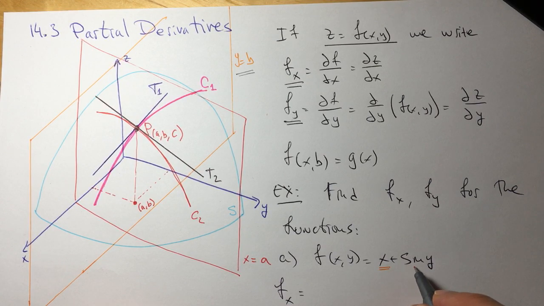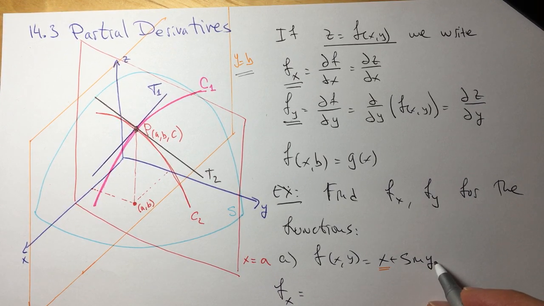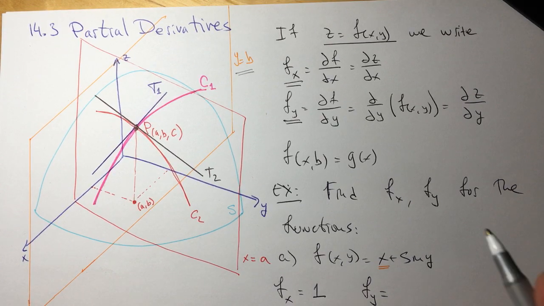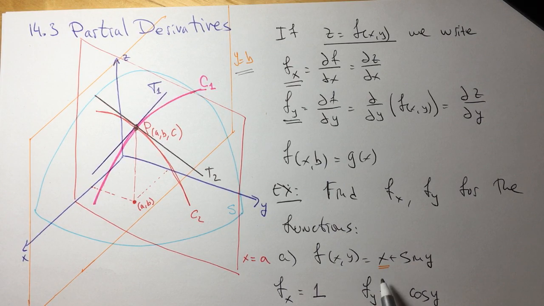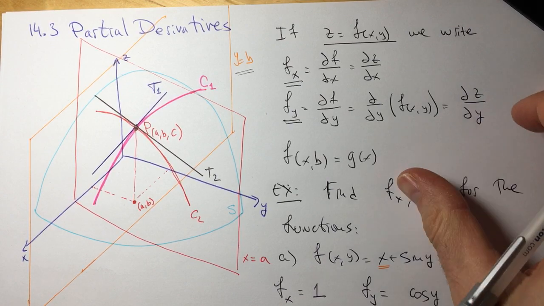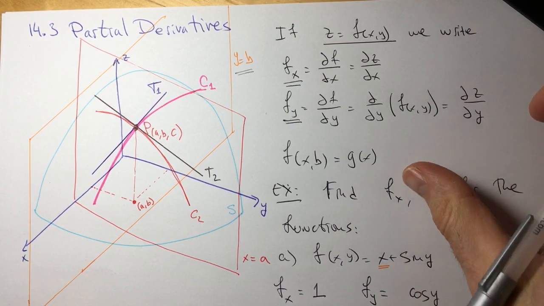Everything that depends on y, I treat as a constant. So sine of a constant is a constant, and the derivative of that constant is 0. The derivative of x is just 1. Partial f partial y: now I have the function sine of y, and its derivative is going to be cosine of y. Because I'm finding the derivative with respect to y, I treat x as a constant, so the derivative of a constant is 0.